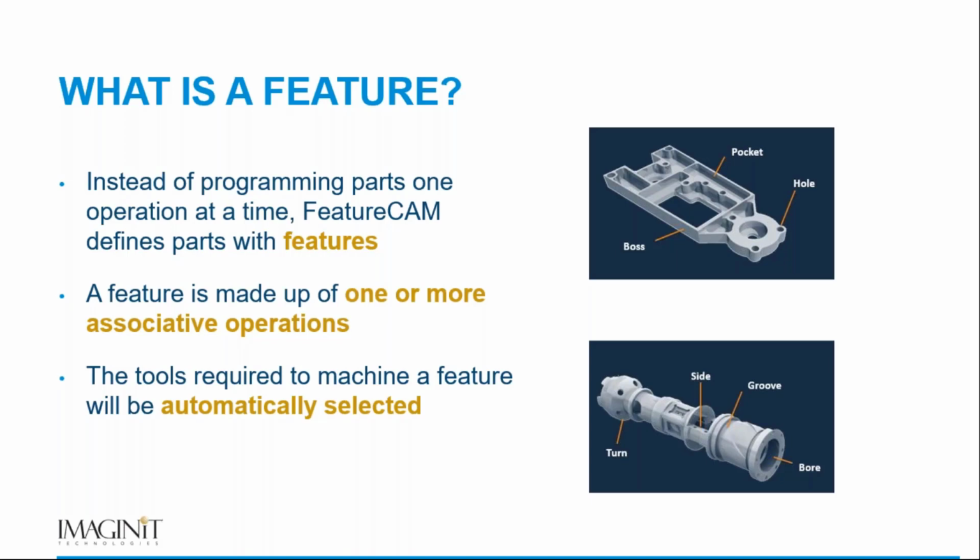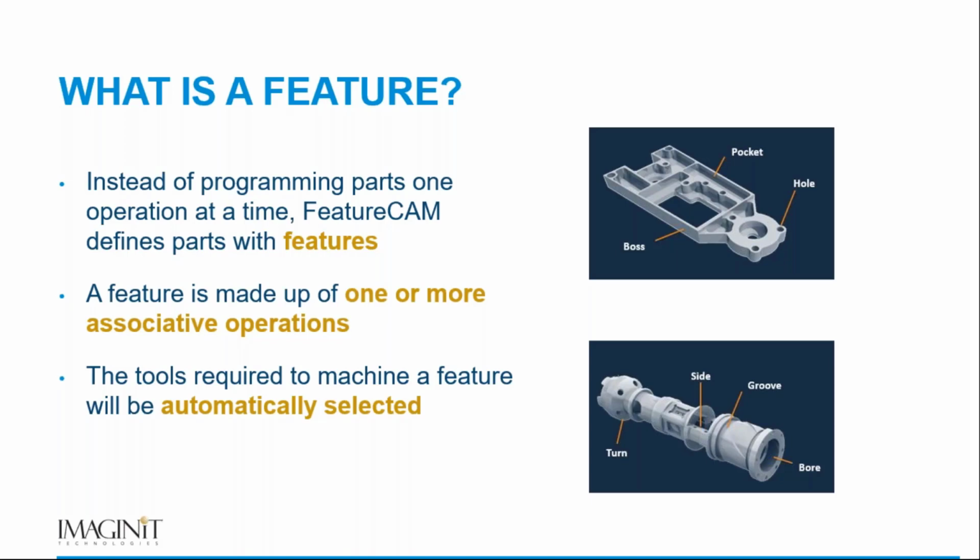In a lot of programs out there, you actually have to describe what the feature is, describe what the pocket or the hole or the boss is, and build it around that. With FeatureCAM, we can simply import a part and have it run a recognition of all the features in the part.